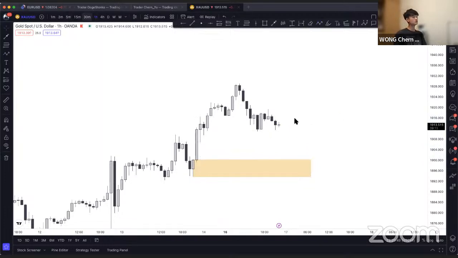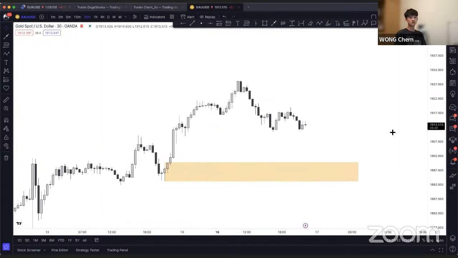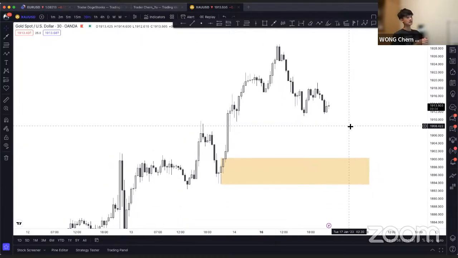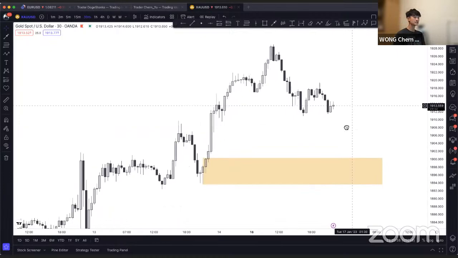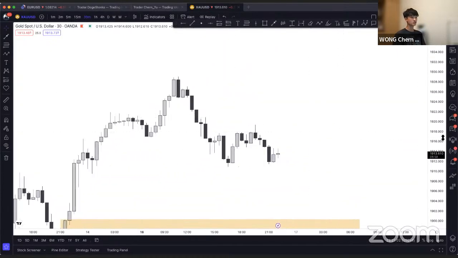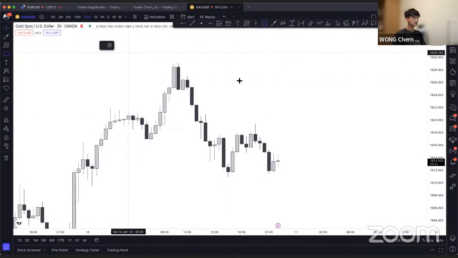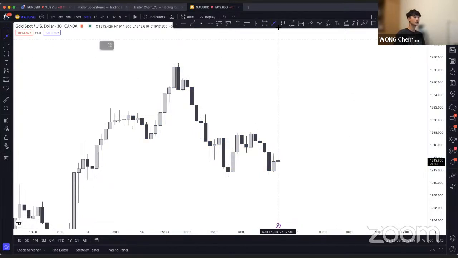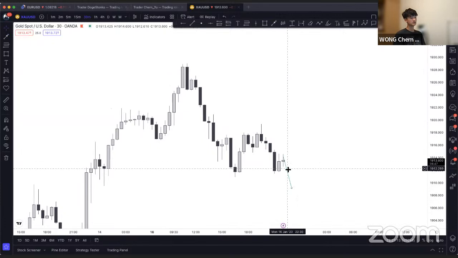And if we go down to the 30 minutes time frame on gold, okay, we can very clearly see that currently it's in a bearish trend on the 30 minutes time frame, and I'm just talking about this entire range here, okay? And what I would like to see is for price to actually form another lower low to confirm this trend, okay?